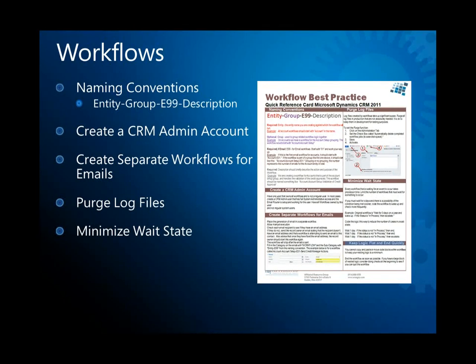It's okay when you have a smaller amount of them, you don't notice that. But when you have a boatload of them, like 30,000, your CRM async services are going to go through the roof. It will cause you some headache and heartache on your CRM server if you have a lot of things in a wait state. So the idea is to minimize the wait state.